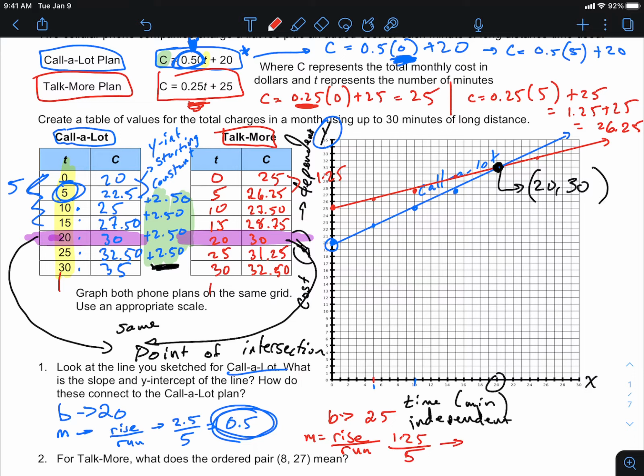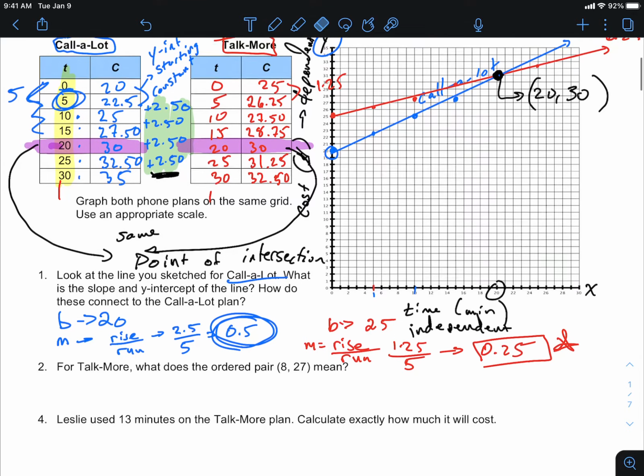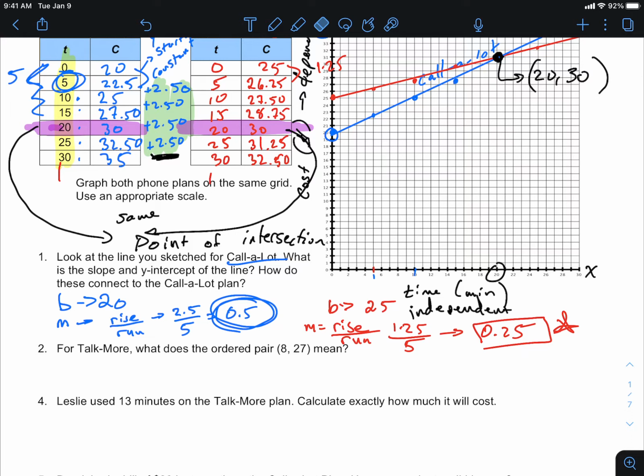That turns into 0.25 when you divide it in your calculator. Where do I see this number? Right there, up in your equation. Okay? It's those two pieces of information that allow you to create linear equations and then plot them.